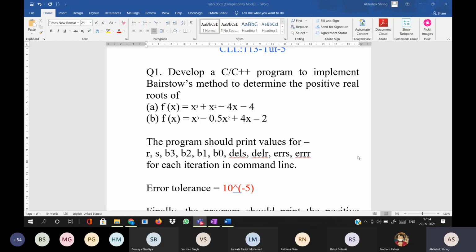If you were given a simple cubic polynomial, how would you go about finding the roots without knowing the Bairstow method? Before you were taught the Bairstow method, you must have been finding roots of some polynomials. So how would you go about it?